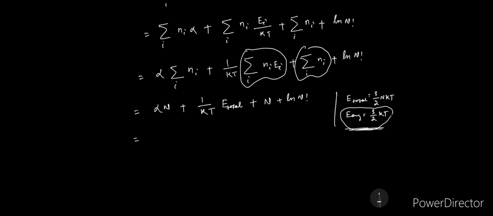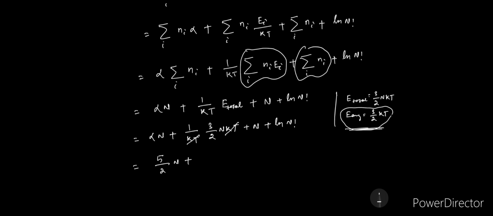So alpha N plus 1 by kT into 3 by 2 NkT plus N plus ln n factorial. Here we will cancel kT with kT, and 3 by 2 N plus N will be 5 by 2 N.